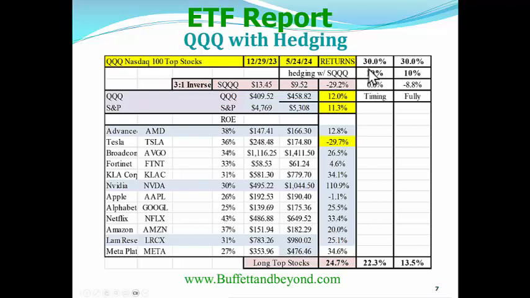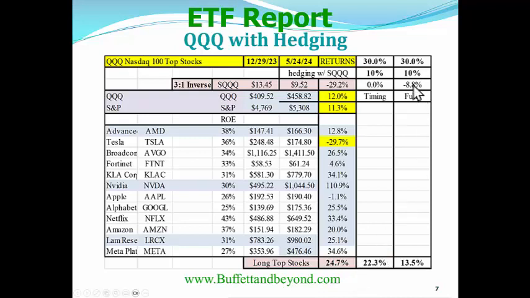But we still had to put 10% of our portfolio into it, and thus 10% is in this inverse ETF, which means we only have 90% left to buy these stocks, which are returning 24.7%. So we take this 24.7%, multiply it by 0.9, because we're only putting 90% of our portfolio into it, and that gives us a 22.3% return.